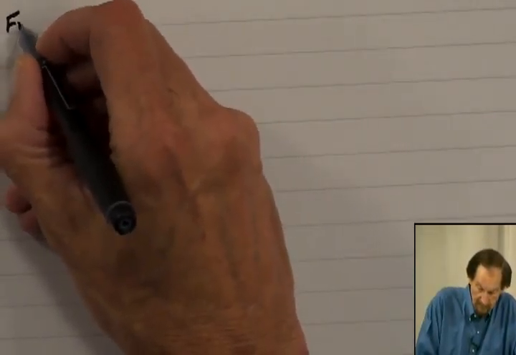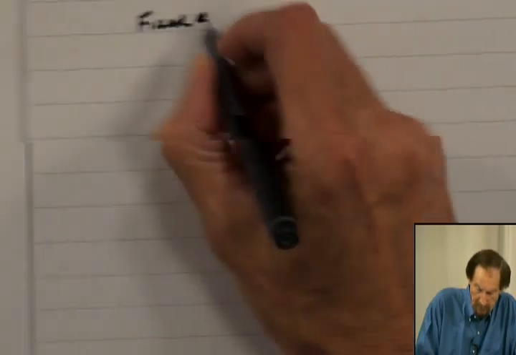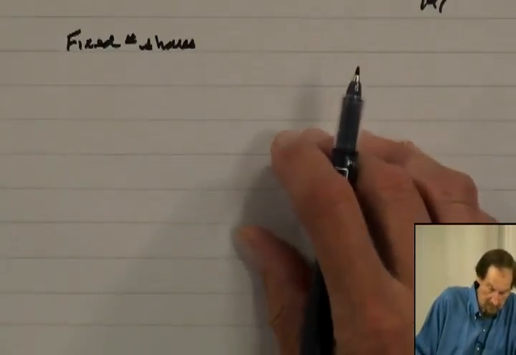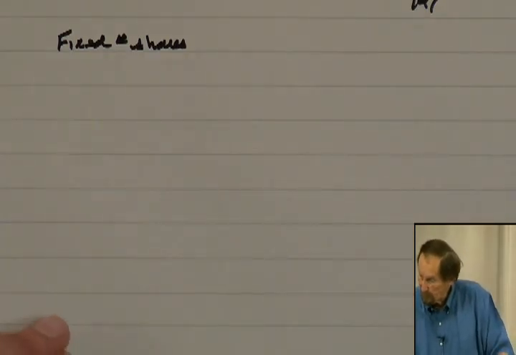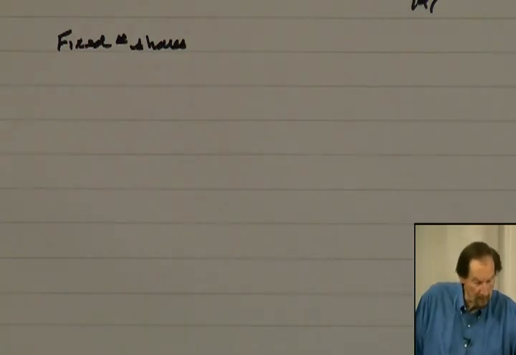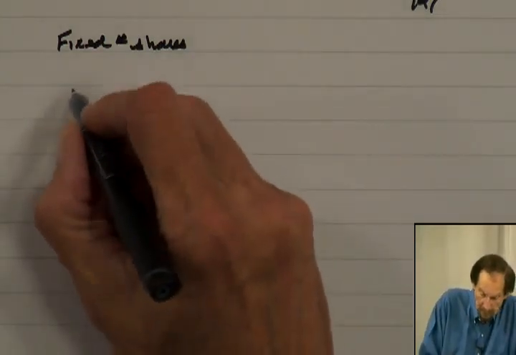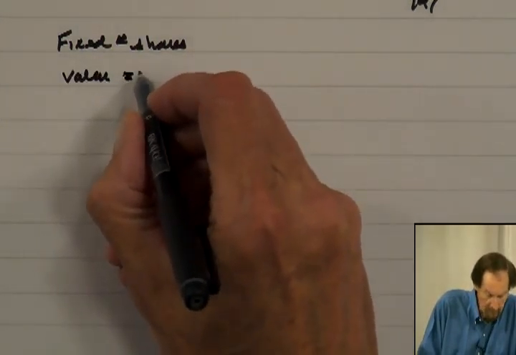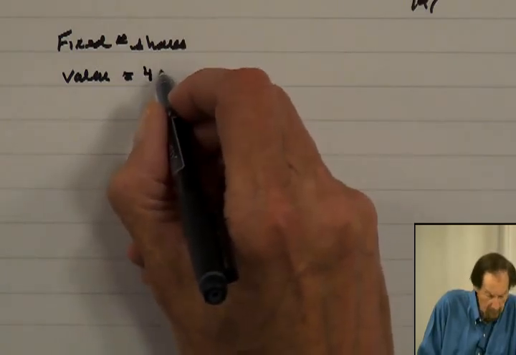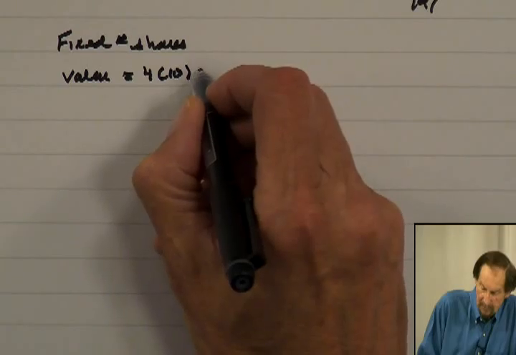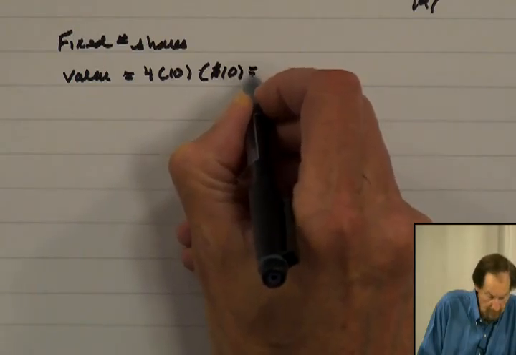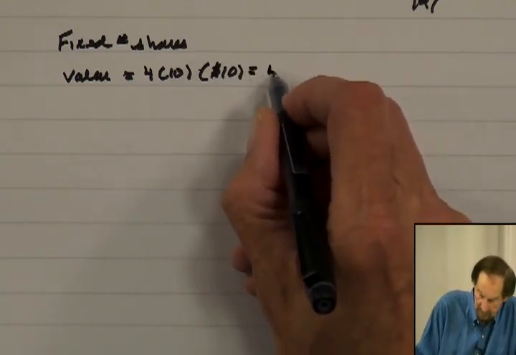The fixed number of shares, okay, and here we're going to buy 10 shares a month, so we get the value equals 4 times 10 times $10 equals $400.